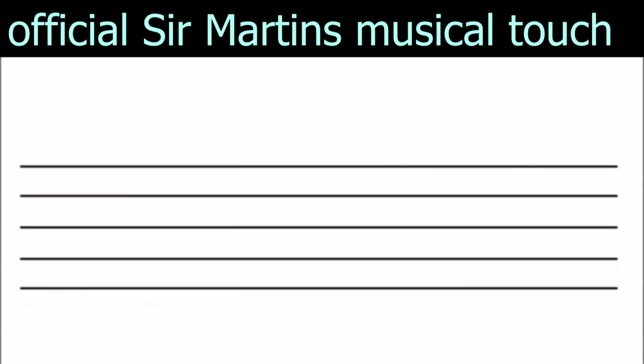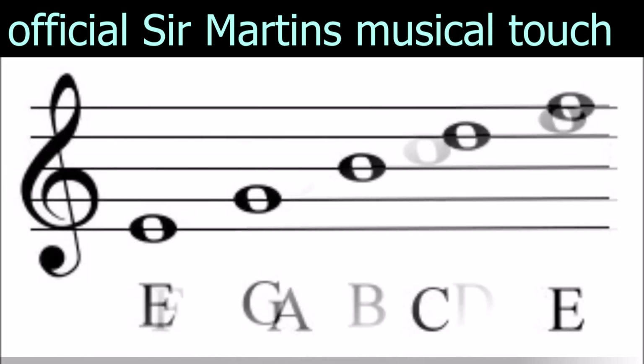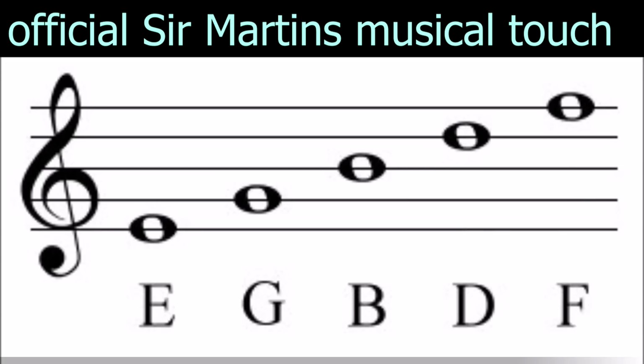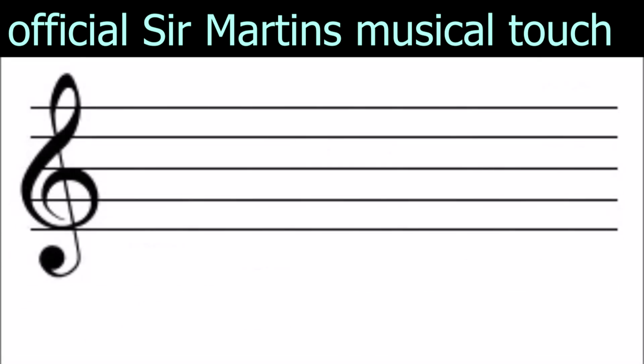Notes can be written on both spaces and lines, just the way you see here. If we only have the 4 spaces and 5 lines, we are unable to know the musical notes, how they are arranged.